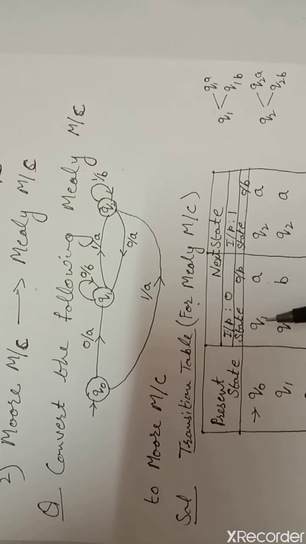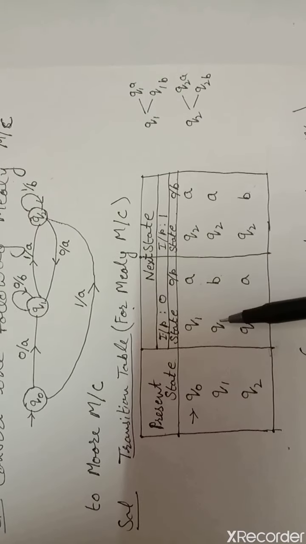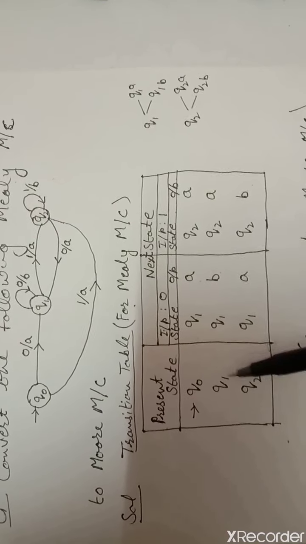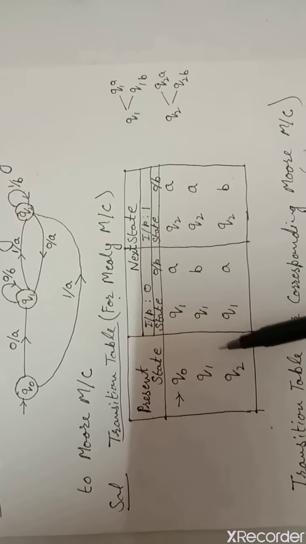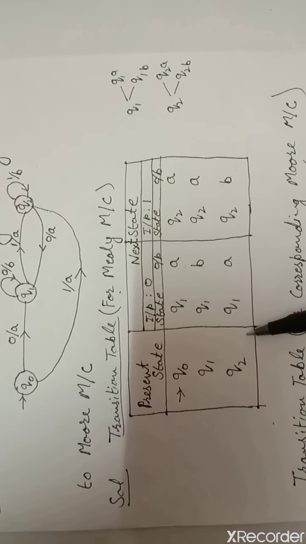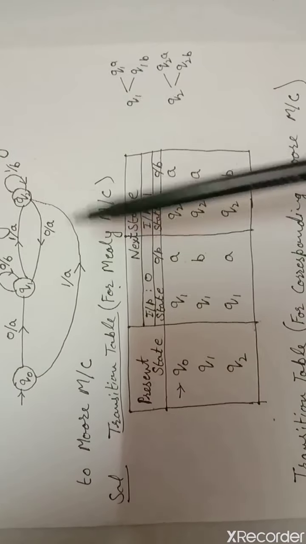So now we draw the transition table. So this is the transition table. In the previous lecture I have already explained how to draw the transition table for a given machine, whether it is Mealy or Moore. So here we have constructed the transition table because there are 3 states.